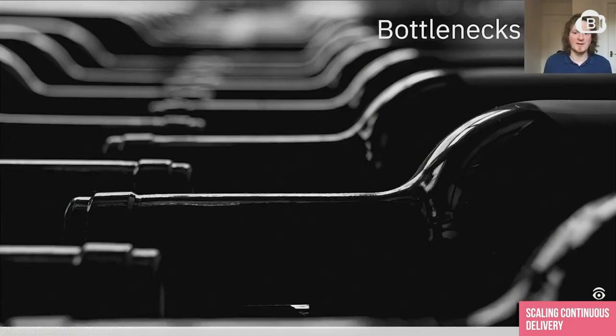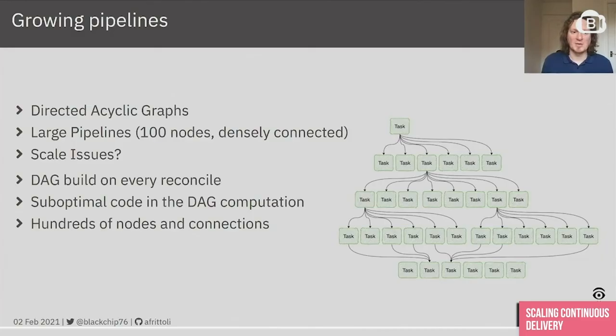So this takes us finally to the bottlenecks that you might encounter when writing or running your pipelines with Tekton. I talked about growing pipelines and very large pipelines, and I need to get a bit deeper into the implementation in Tekton to explain this one.